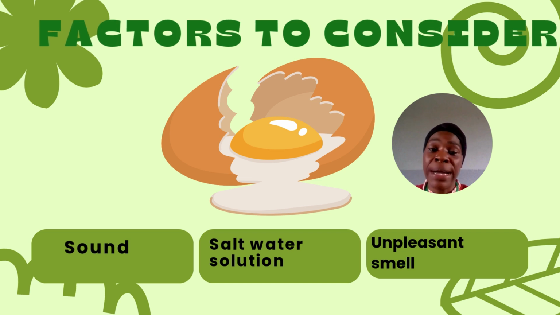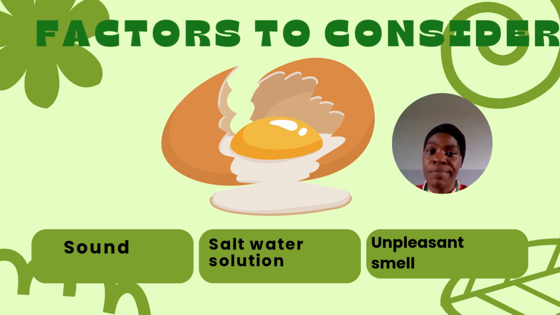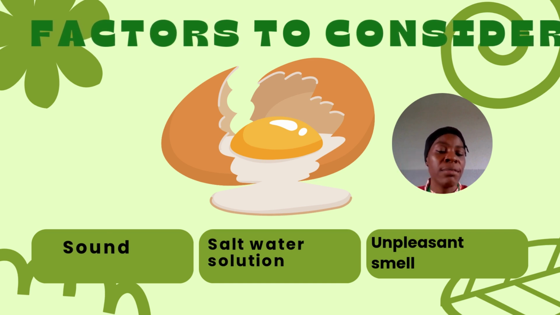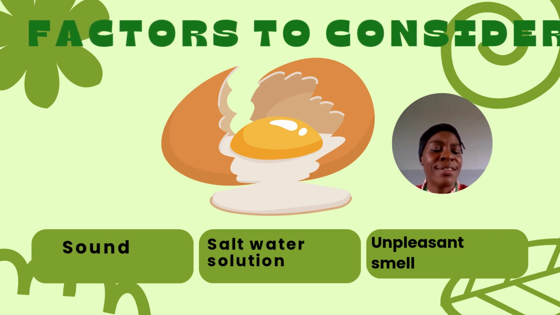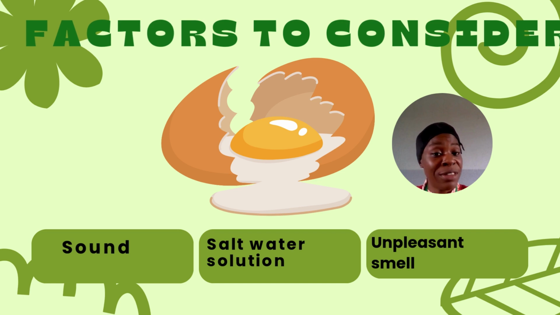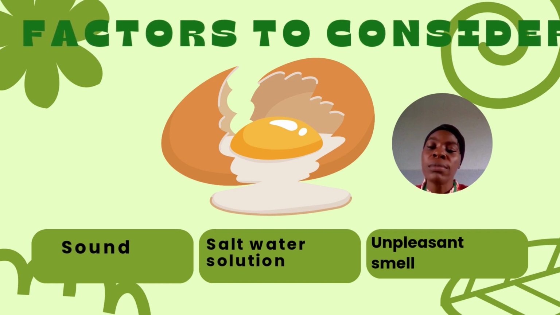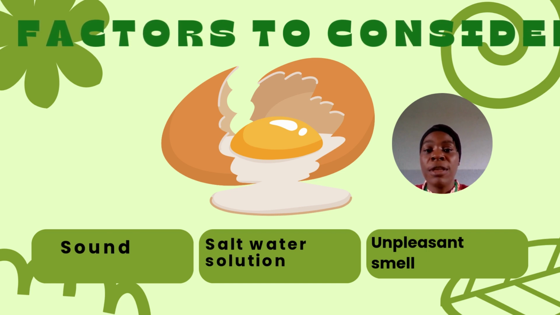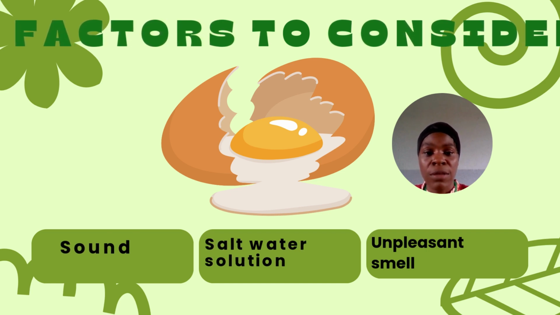So when you buy eggs, bring it close to your ears and try shaking it. It shouldn't produce any sound. If it produces any sound, then the egg is bad. But if it doesn't produce any sound, then the egg is good.